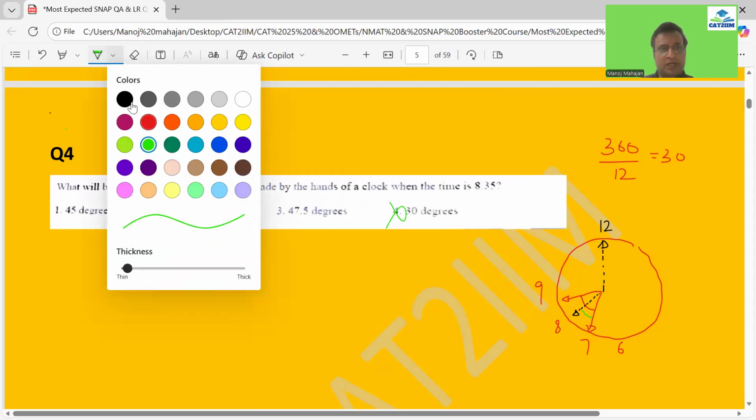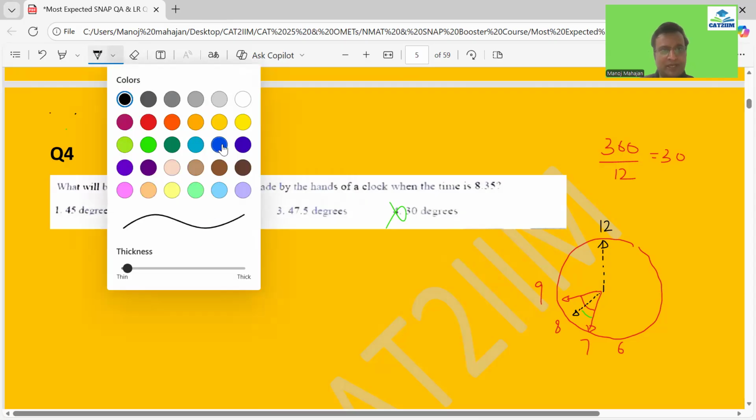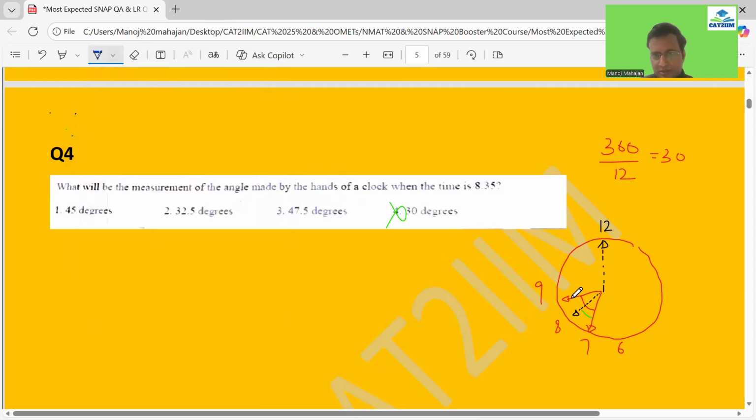And if you look at the remaining angle which I need to add, that would be this blue angle I have shown over here. This is the movement by the hour hand. I can calculate the distance traveled by the hour hand, as 1 by 2 is the speed. And how much time?